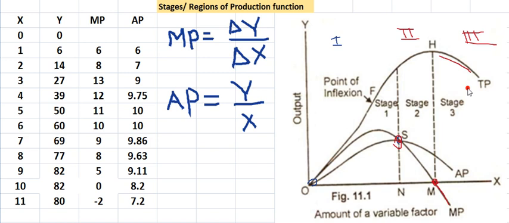Therefore, it is called an irrational stage or irrational region of production function. So the first and third regions of production function are irrational, and the second region or second stage is the rational stage of production function.